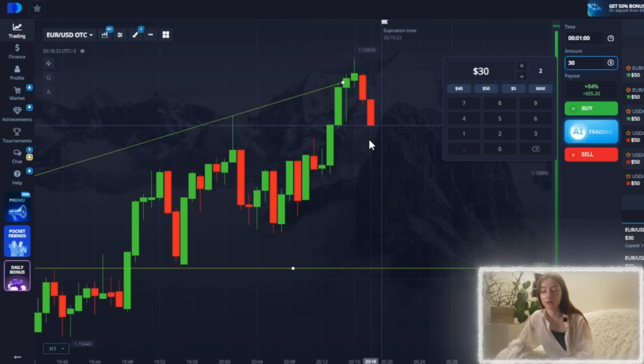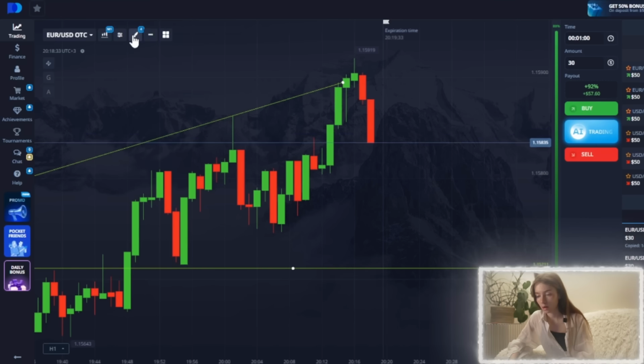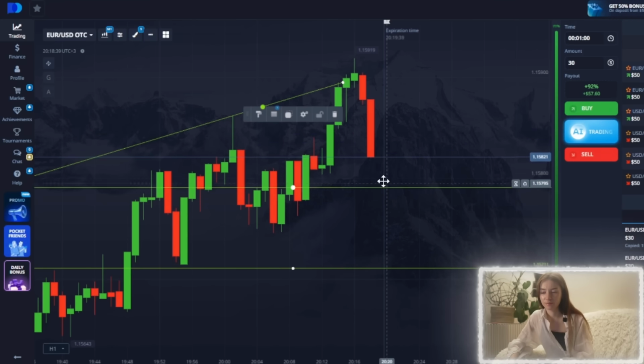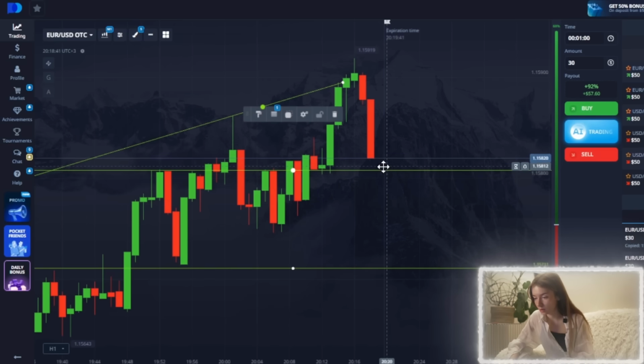And I think that after it gives such indicators, I will open on increase. Plus or minus I put it here, and I'm still waiting for it to go down.